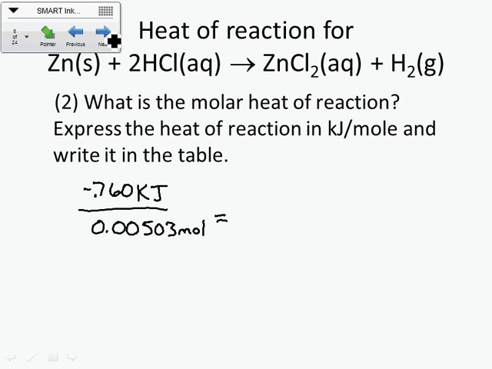Okay? And this one I have to actually calculate because it's going to be different than their number. 0.76 divided by 0.00503. So we're going to end up with negative, 3 sig figs for both, negative 151 kilojoules per mole.